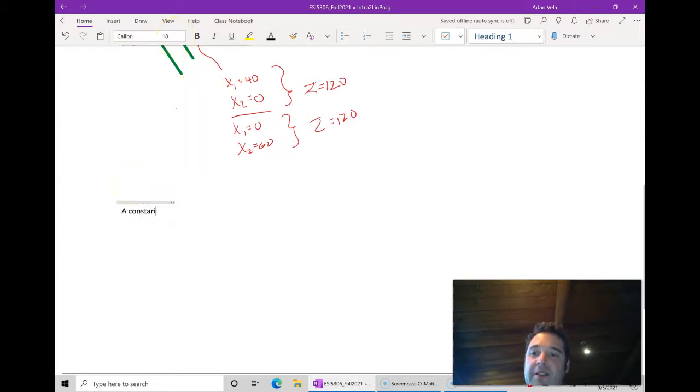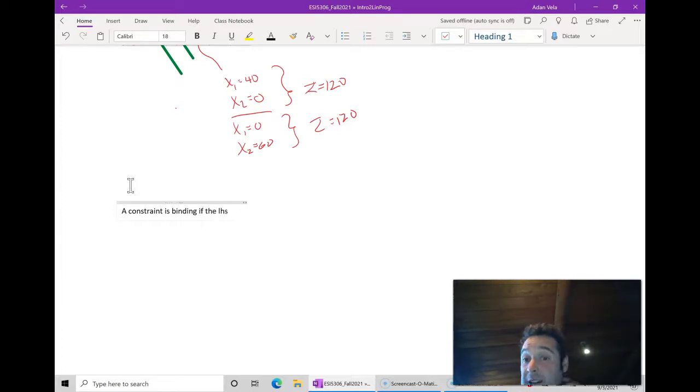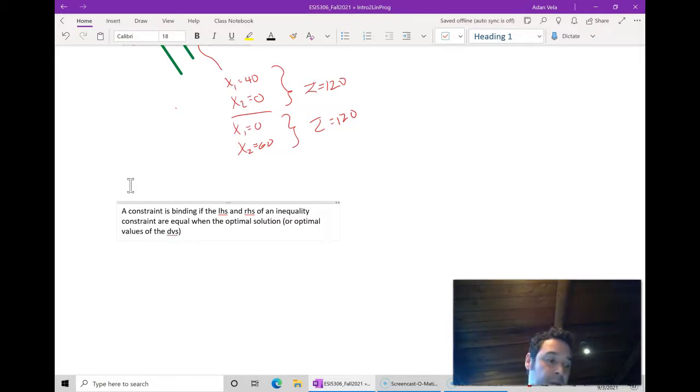A constraint is binding if the left-hand side and the right-hand side of an inequality constraint are equal when the optimal solution, or optimal values of the decision variables, are substituted back into the constraints.